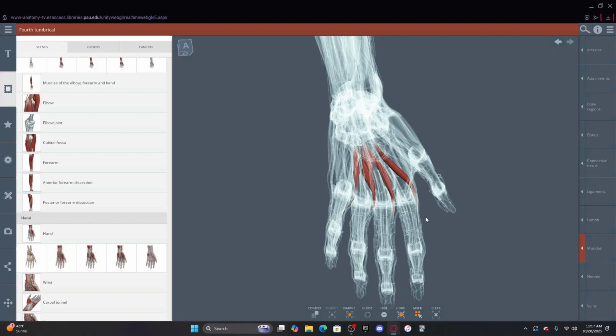The lateral 2 are going to be innervated by the median nerve, and then the medial 2 are going to be innervated by the ulnar nerve.